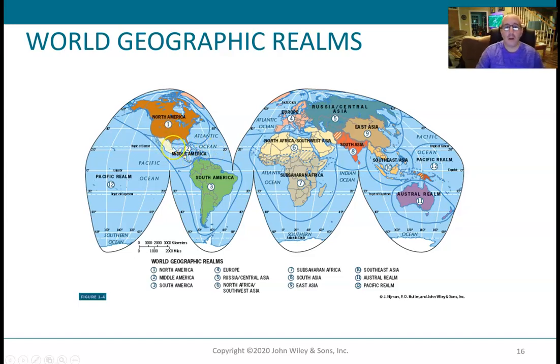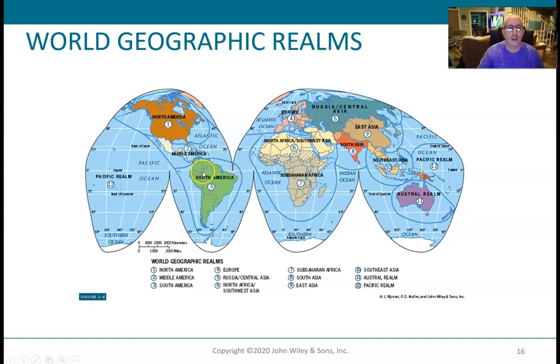Because if you think about the cultures, Mexico, Central America, which is Guatemala, Costa Rica, Panama, the Caribbean islands, they have a similar culture. Their climates are diversified a little bit, but they have a very similar culture, similar in the fact that they were colonized by mostly the same types of countries. Therefore, their culture stands out from the United States and Canada. Therefore, that's now a different realm unto itself.